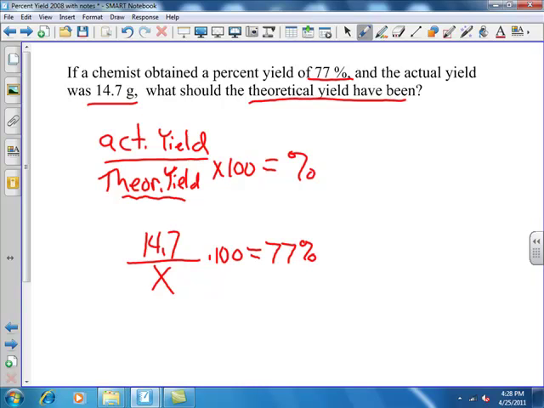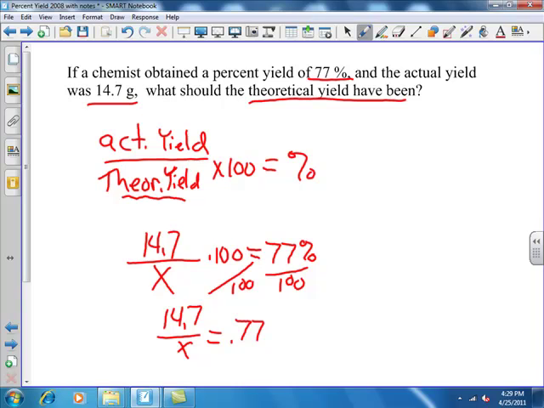Math-wise, the easiest thing to do is get rid of this 100 by dividing both sides by 100. And what I'm left with is 14.7 over x equals 0.77. And quite honestly, I would expect you can do that in your head.